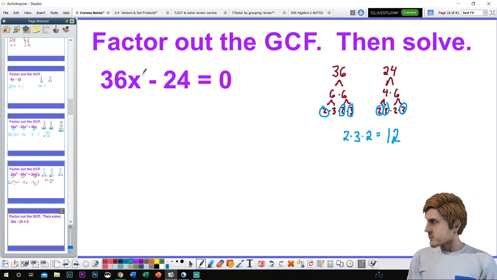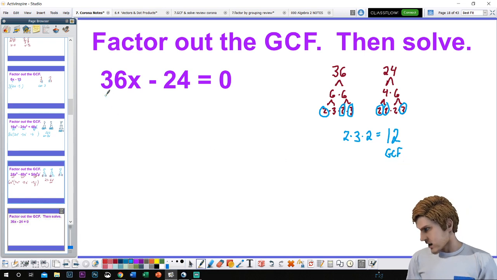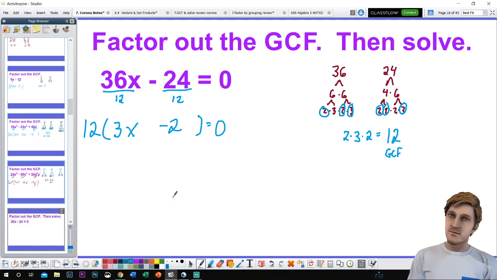Now, I notice that there's an x here, there's no x here, so they don't have any x's in common, so the 12 by itself is going to be my GCF. Therefore, I'm going to divide both of these by 12. Factoring out a 12 leaves me with 3 here minus 2 here. This one has an x, I copy it down. This one does not, so it's finished.